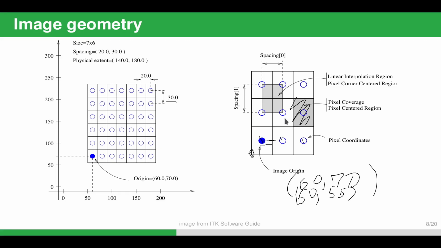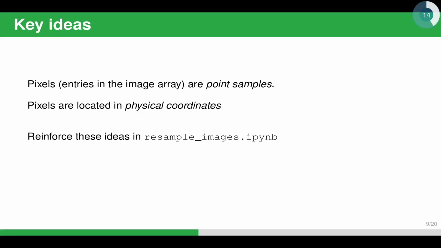So we will not be transforming boxes, but we will be transforming points. That's very important, so let's emphasize that. Key ideas: pixels, which are entries in the image array, are point samples, and they're located in physical coordinates, nanometers, micrometers, millimeters, and so on. And we'll reinforce these ideas in this Python notebook.